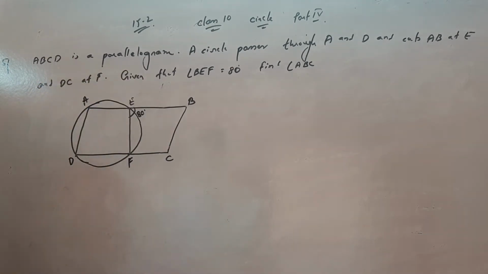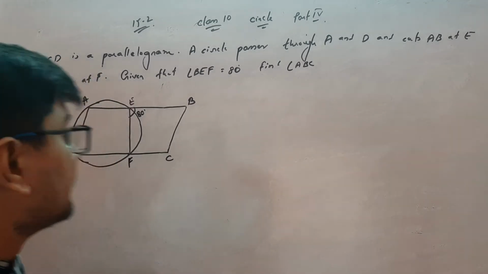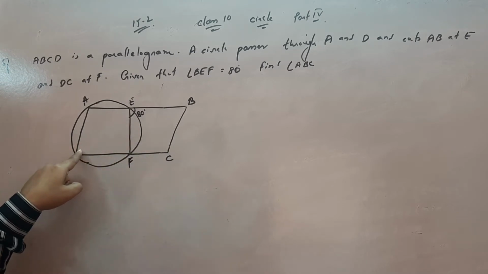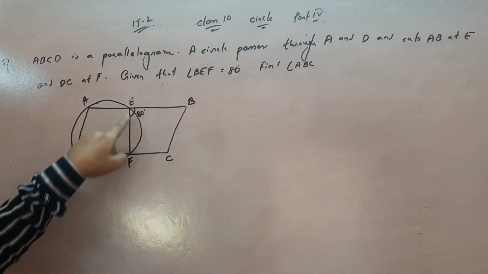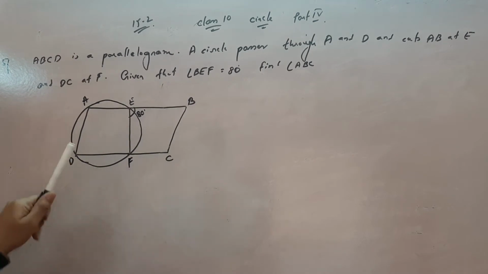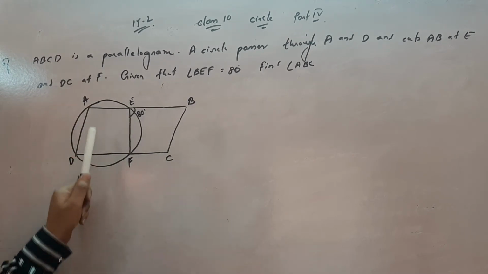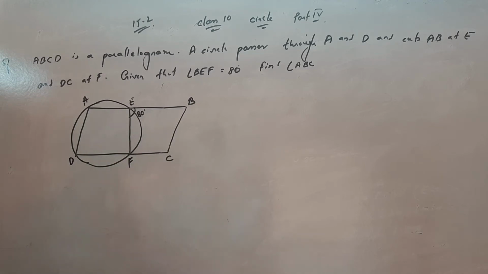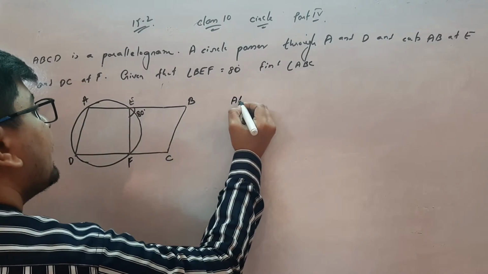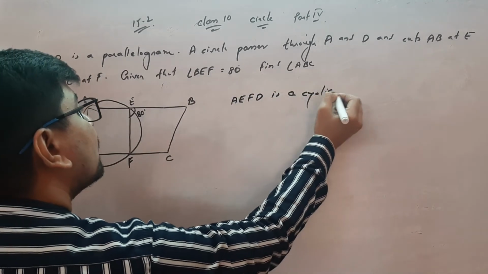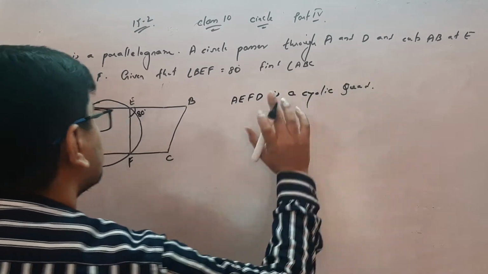Before we do this, we know that last day we learned that an exterior angle equals the opposite interior angle of a cyclic quadrilateral, and we know that AEFD is a cyclic quadrilateral because all the corners touch the circumference of the circle. So AEFD is a cyclic quadrilateral. Done.